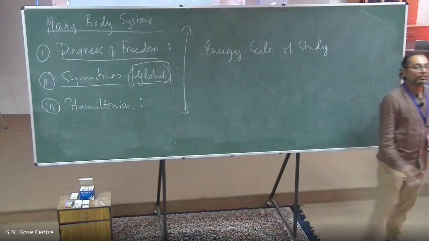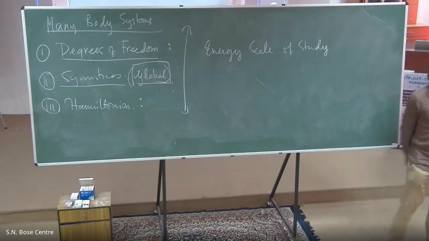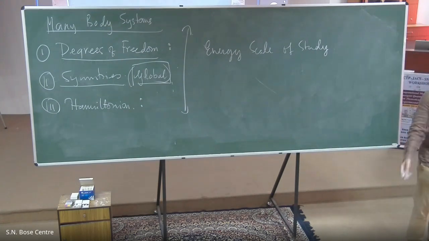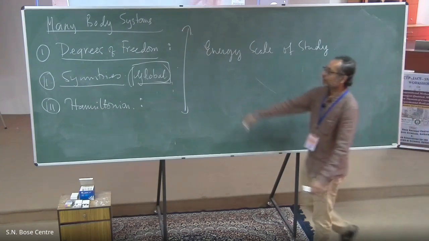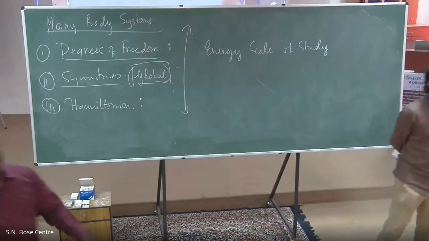In the sense, if you're doing an experiment at some energy scale like 100 Kelvin or 0.1 Kelvin, and you want to understand the phenomenon, you need to try and address these three questions at that scale.